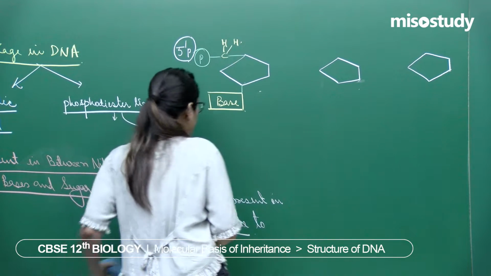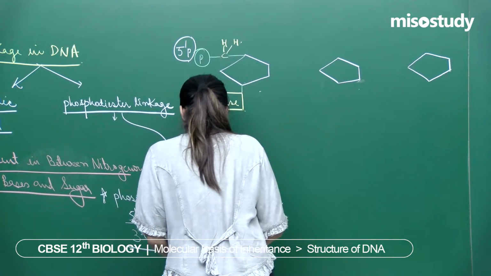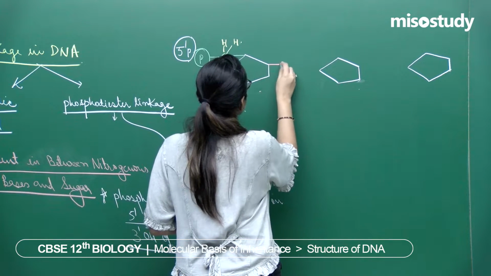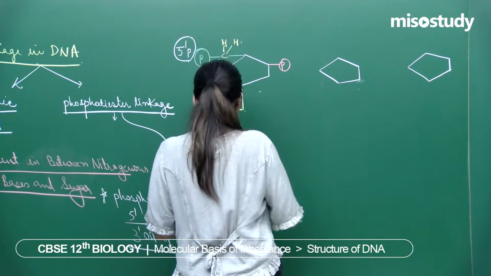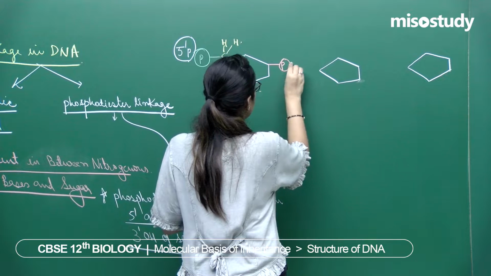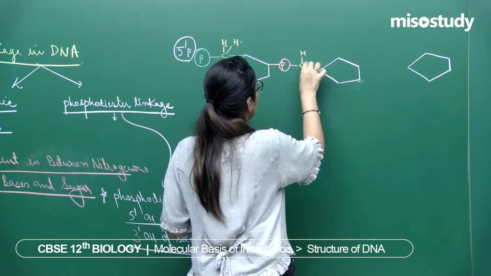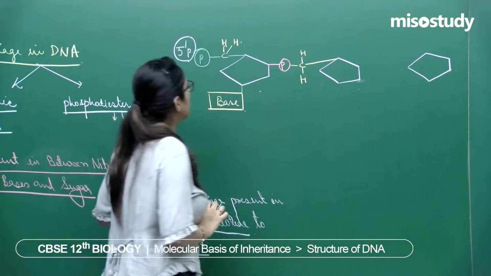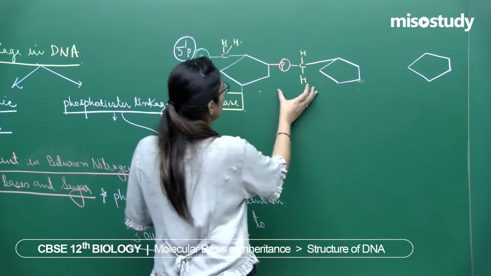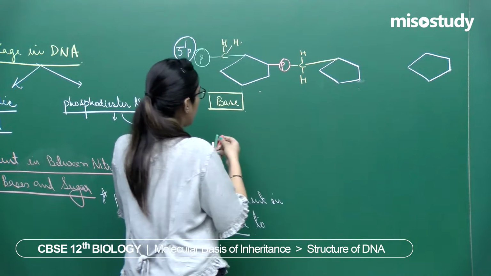Similarly, these are joined, again there is a phosphate group, and this phosphate group is joined like this. This particular bond is called a phosphodiester bond.